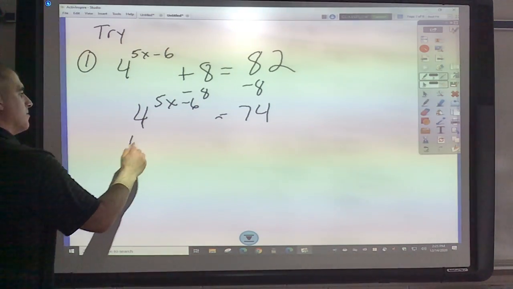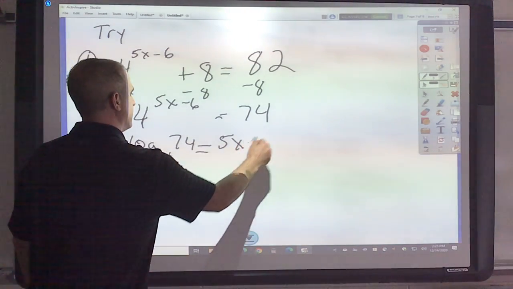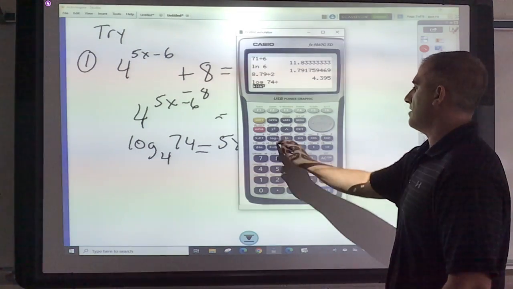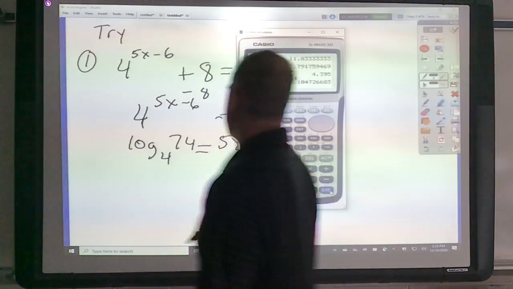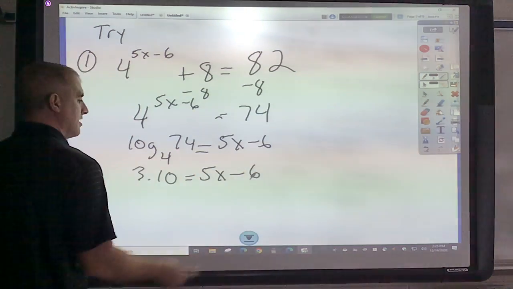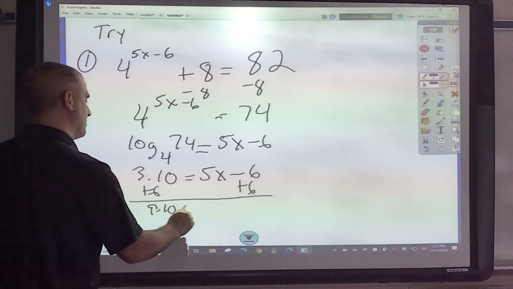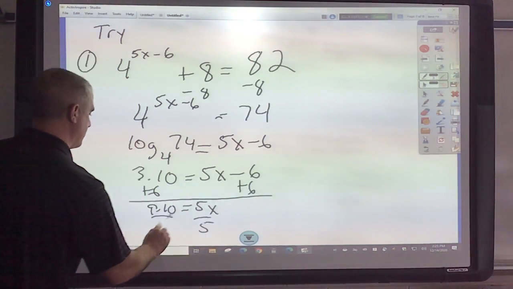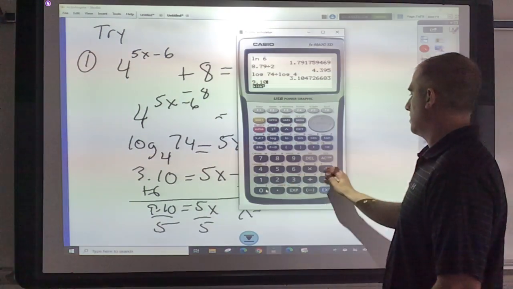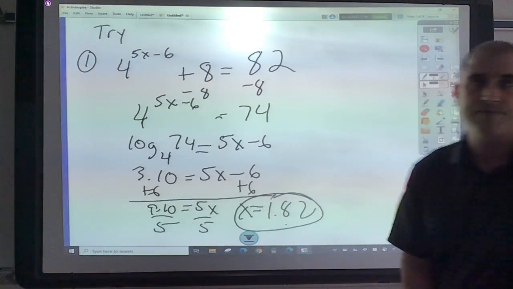A quick way out here would be to change this to a log base 4, putting the 74 here with the 5x minus 6 on this side. Over here I get a change of base: log of 74 divided by the log of 4 gives me 3.10 with 5x minus 6. Then I just add 6 to this side, so that's 9.10 equals 5x, and then divide by 5. That's going to be 1.82.